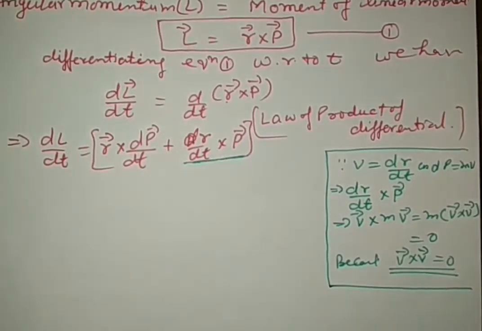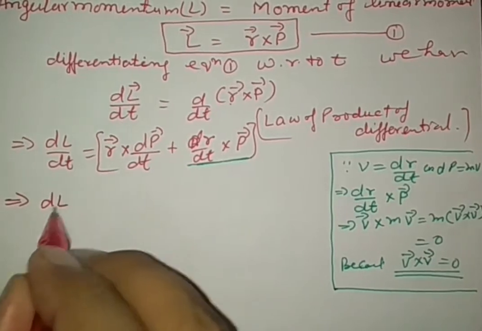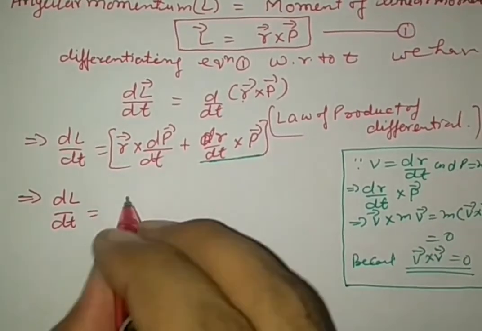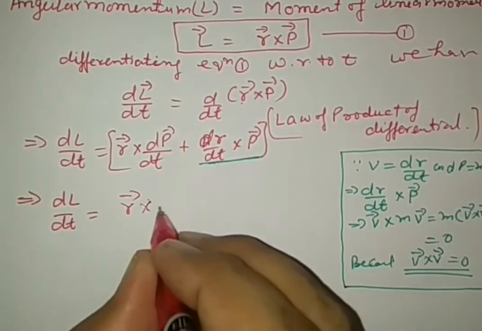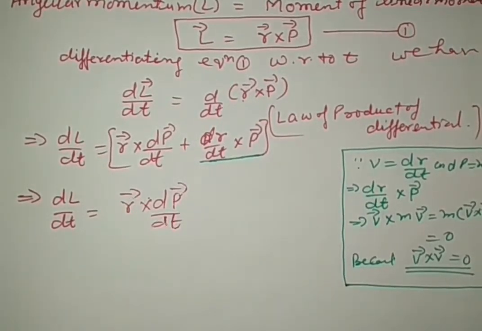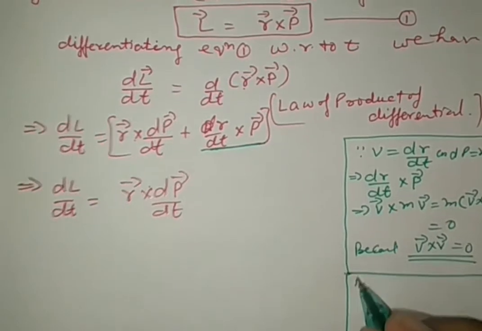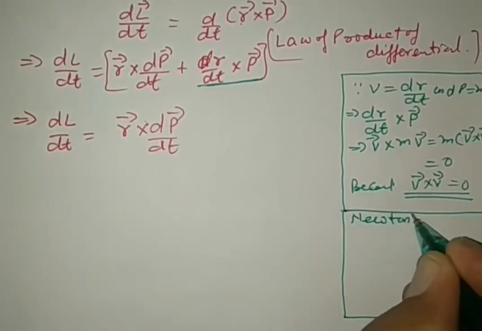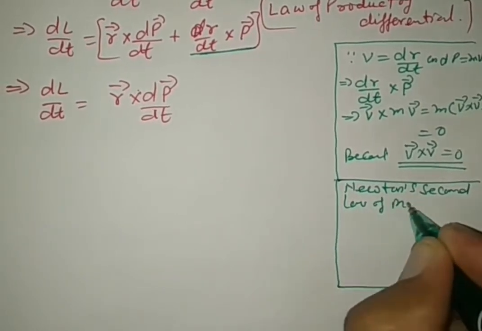So using this, we may write dL by dt is equal to r cross dp by dt. One more concept here: Newton's second law of motion.